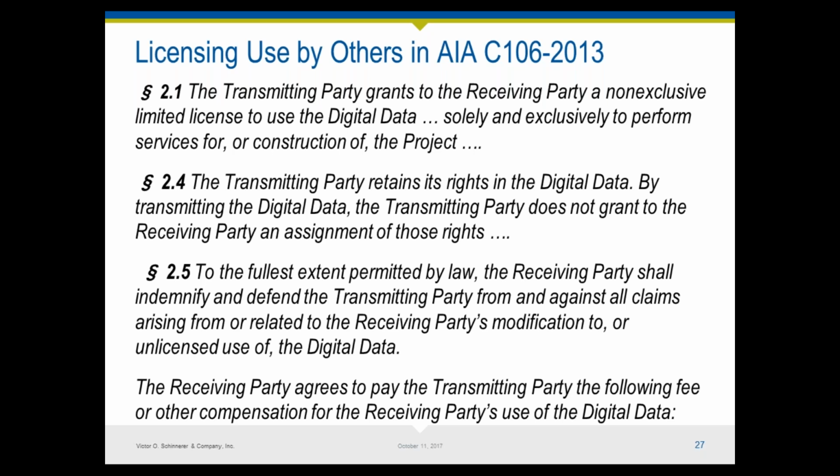And if the party wanting to use the documents is not in the chain of agreement, is not the owner or someone subcontracted to the design professional or the contractor, or in the chain going down from the A201 through the contractor, you have to come up with a way to license it. And this is what the AIA came up with in 2013 and in the C-106. Note that you can only license the use of the documents if the project owner does not have an exclusive license to use the documents.